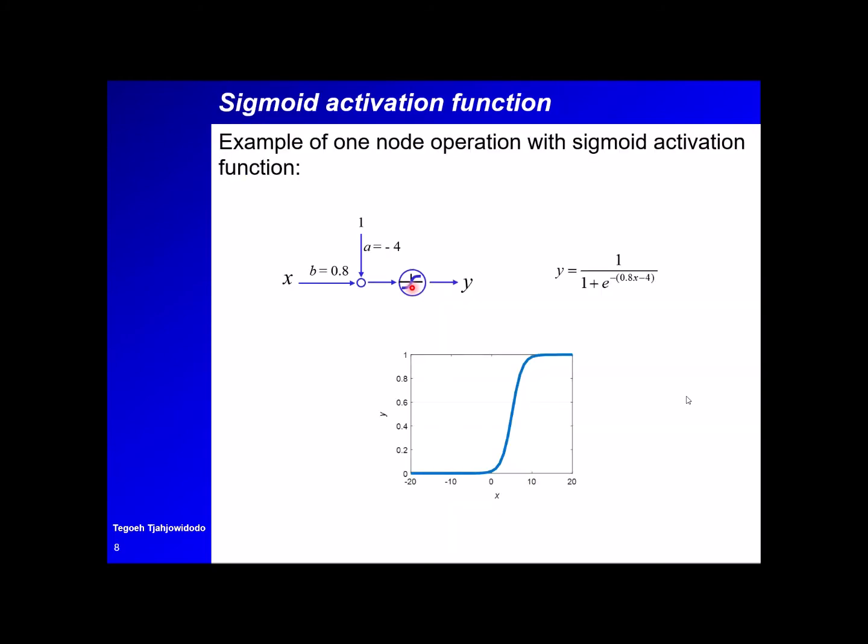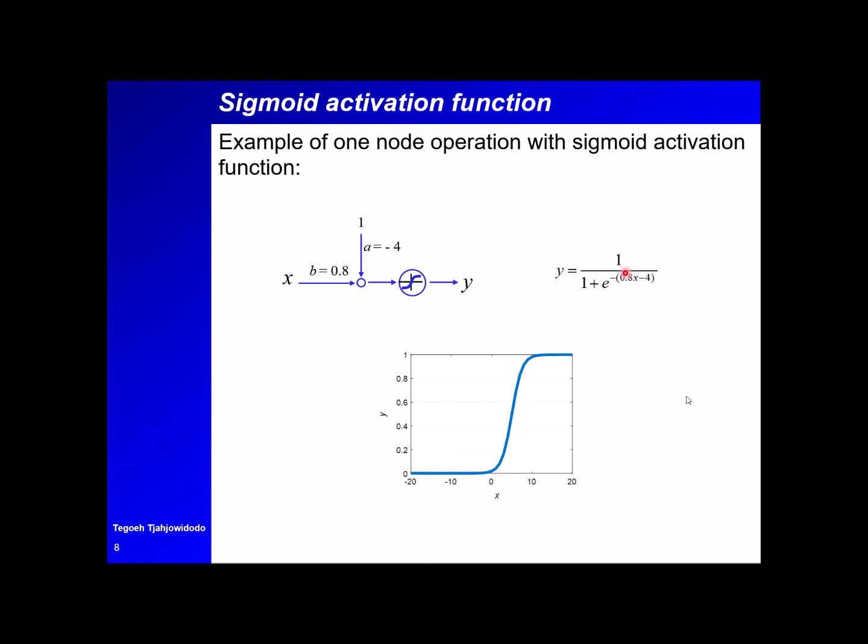So let's say to the same network, this basically represents the sigmoid function that you have seen in the previous slide. If W naught is equal to minus 4 and W1 is 0.8, then the Y will be like this, right?